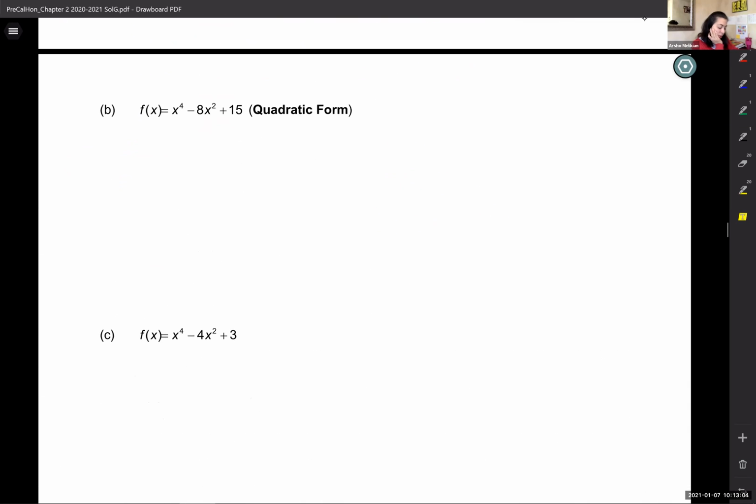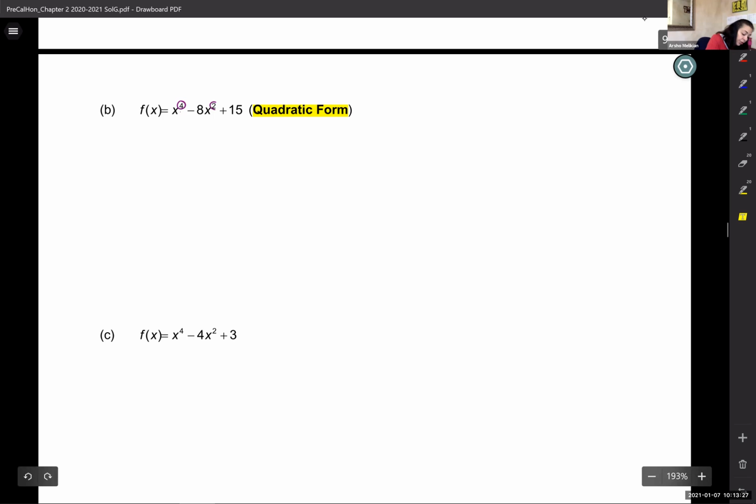All right, let me do these two and then we'll stop for today. So this one, look, it's x to the 4, blah, blah, blah. And look at what I wrote here as a hint. I said that this is factoring in quadratic form, right? So look at what we have. The first term has some exponent, 4.